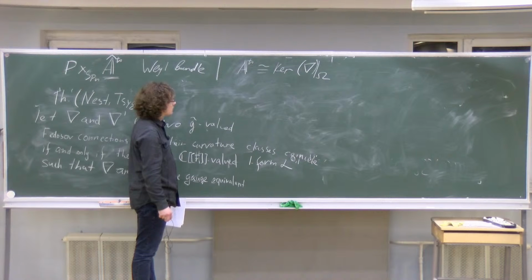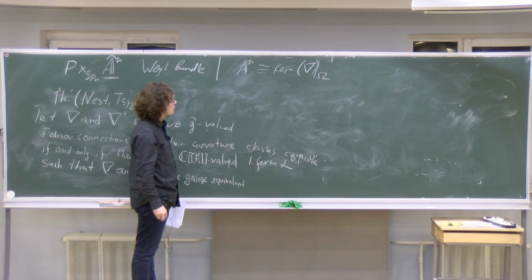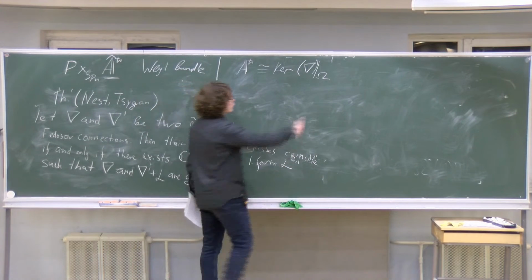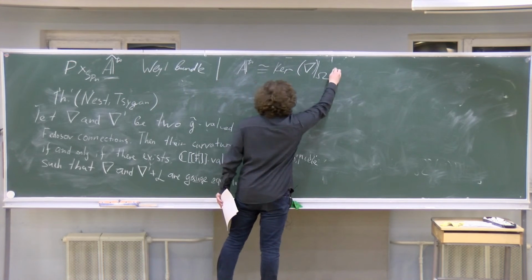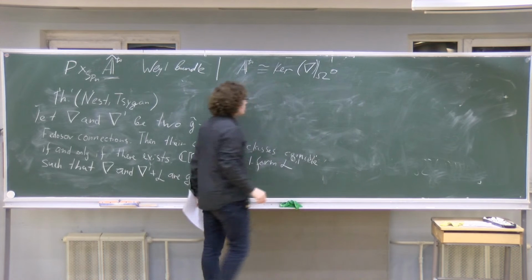At least in the smooth real case, the kernel of the Fedosov connection is isomorphic to the space of all functions on the manifold. And here we have a restriction to what? To this. Yeah, but never mind, it's just the same.